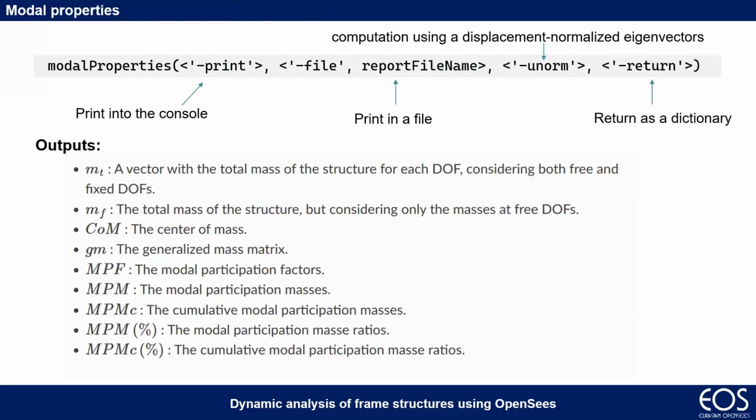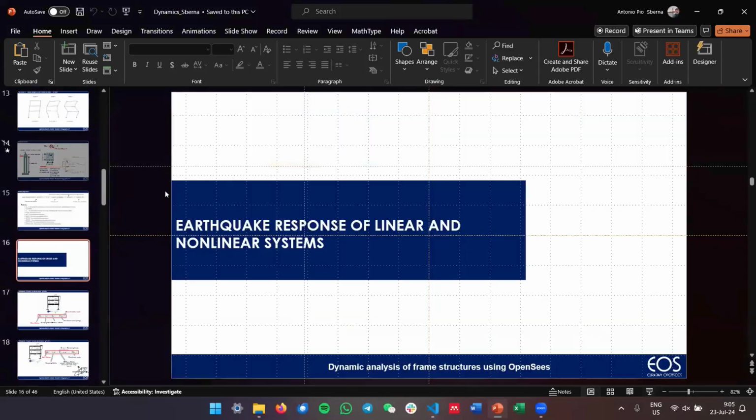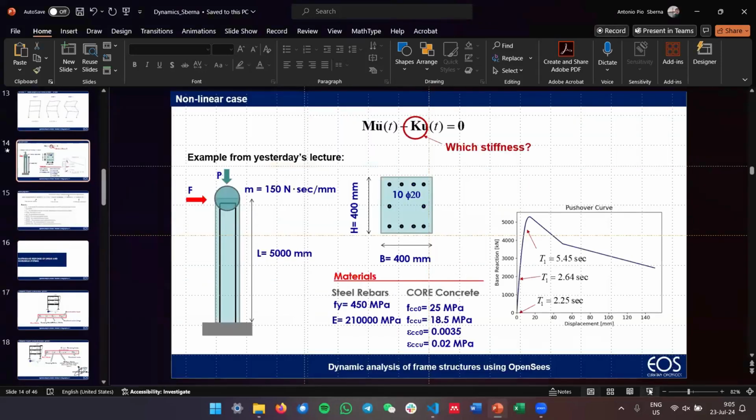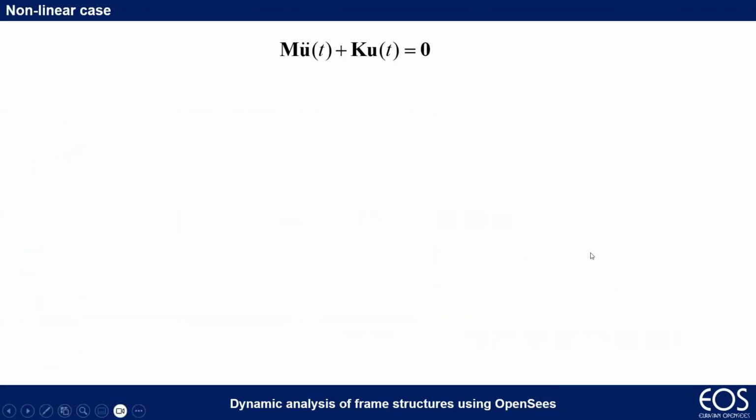Other questions? If there are no questions, I want to ask you a question. I show you this equation here, that is the equation that you use for eigenvalue analysis. Now we know how to declare the mass matrix. Any doubts about that? There is something that is not clear at this moment. We know how to compute masses, right?